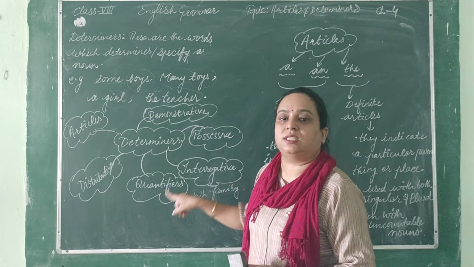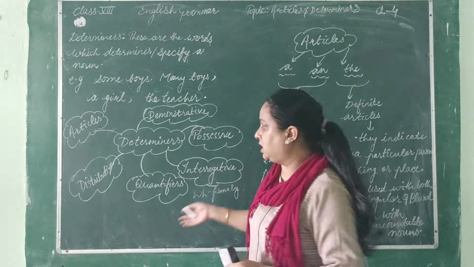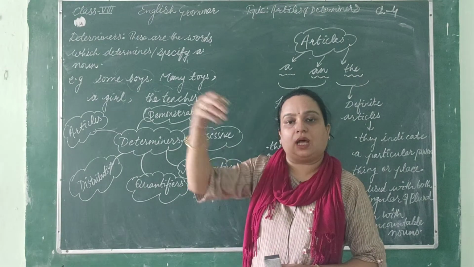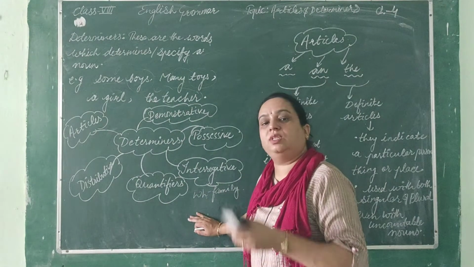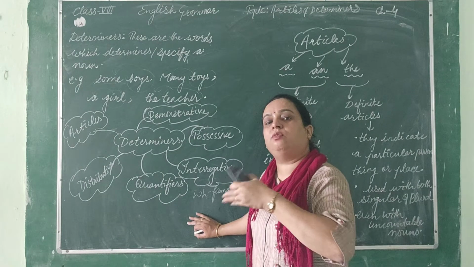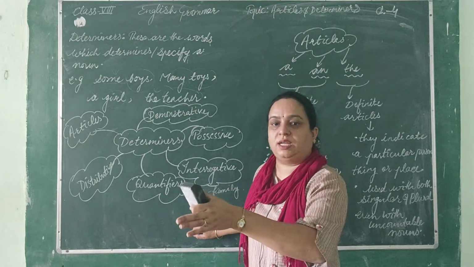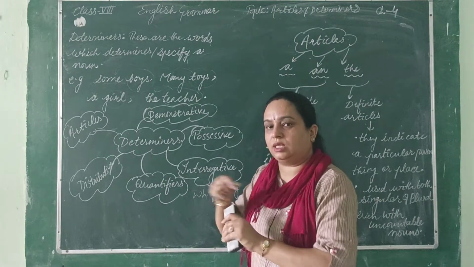The words which belong to this WH family are interrogative pronouns. We have another type of question, that is the yes no type of question, where we can simply write the answer in yes or no. But where we have the WH family type of question, we cannot write the answer in yes or no. For example, where is your home? Will you say yes or no? No, you will not. You have to answer completely.